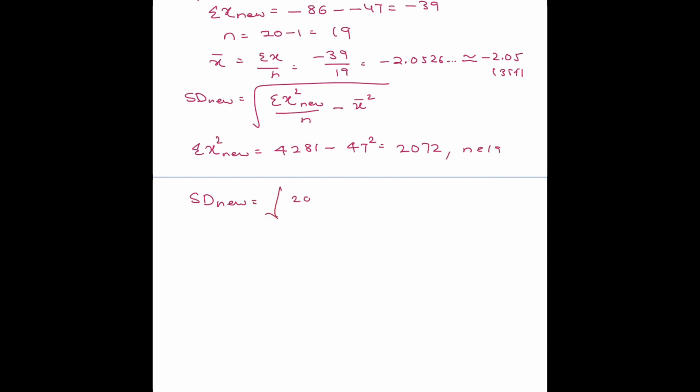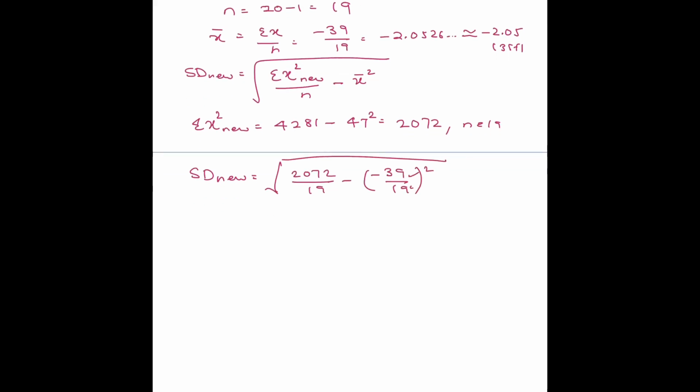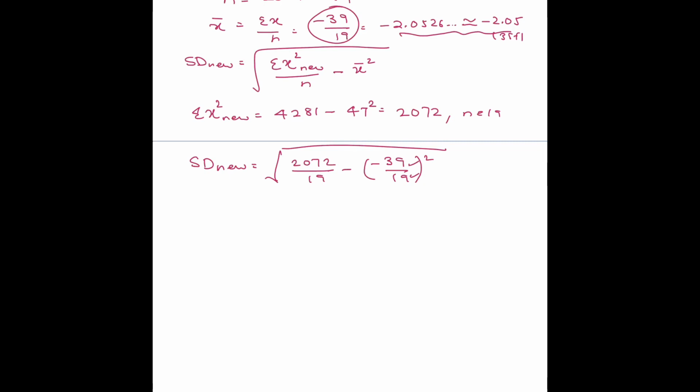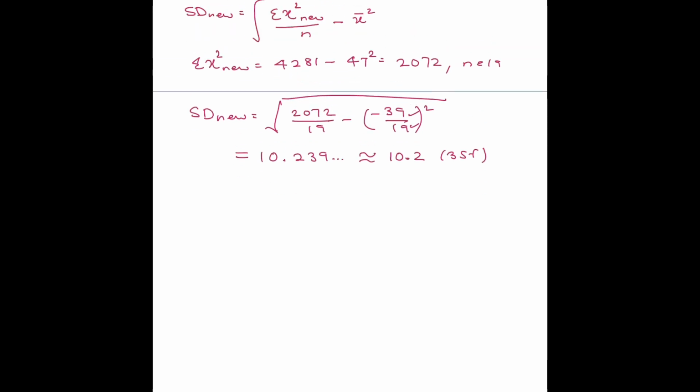Standard deviation new is 2072 over 19 minus negative 39 over 19 squared. Because it's not exact, I have taken sigma x over n instead of writing the decimal value. It's always safer to do that. We get the exact answer, 10.239, approximately 10.2 to 3 significant figures.